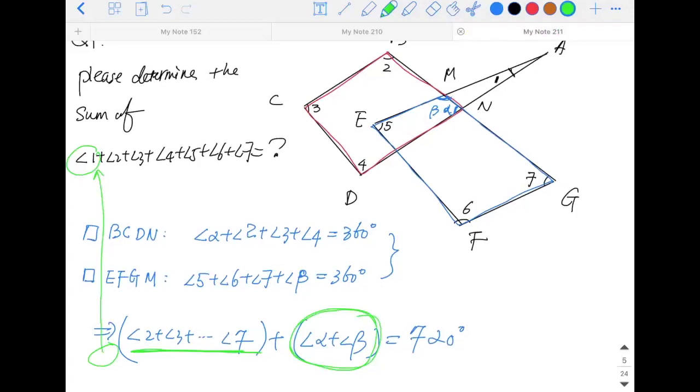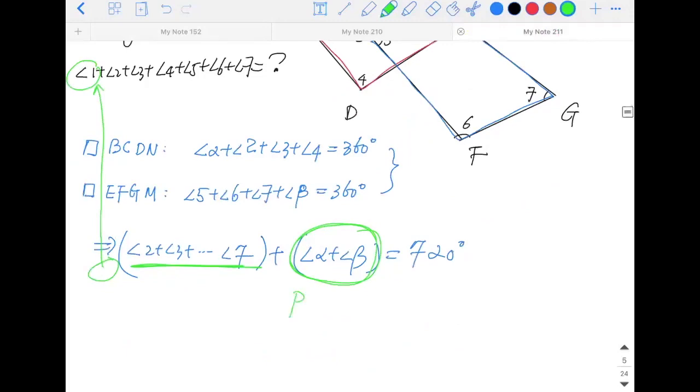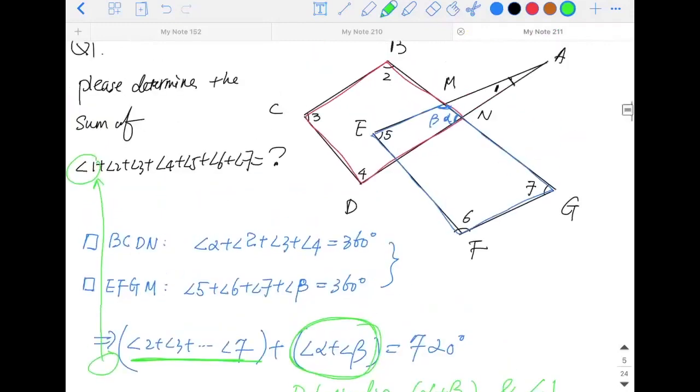So my $1 million question is: how do I find the relationship between alpha plus beta and angle 1? And my work is done. Is that right? This is the thinking process. How can I find a relationship between alpha, beta, and our missing angle number 1? Which part haven't I used yet?